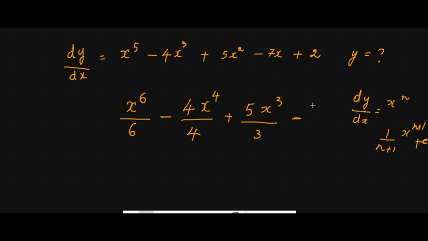So minus 7, of course the plus 2, there is no antiderivative for it, but obviously there's going to be a plus c, okay?